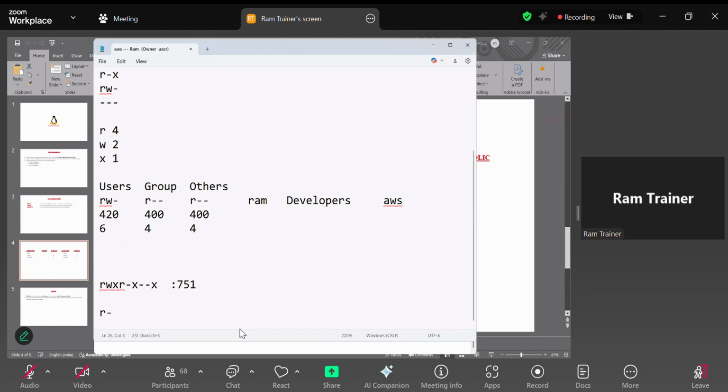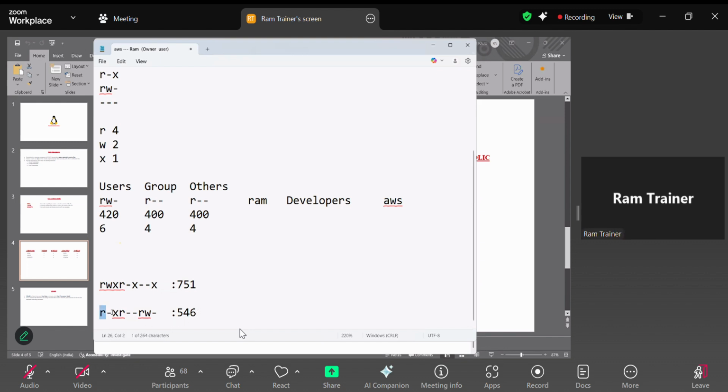Can anyone tell me: read hyphen x, read hyphen hyphen, read w hyphen? What is the value of this? 546.